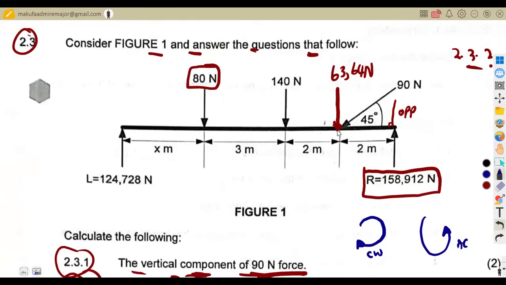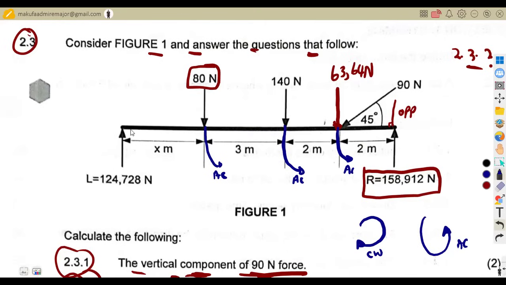Let's consider the 63.64, the one whose vertical component we calculated, as it moves back to R like this. Which direction is this? This is anti-clockwise. The same as the 140, it is under the anti-clockwise. And the 80 is again moving in the anti-clockwise direction.